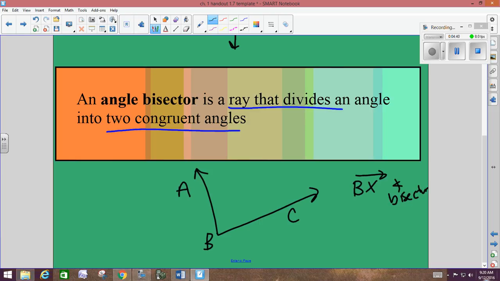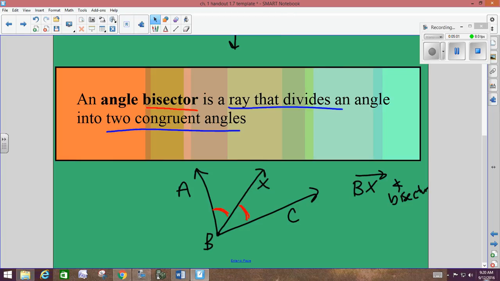So ray BX starts at B, goes towards X. If BX is the bisector of angle ABC, what would I know about angle ABX and XBC? They're equal, they're congruent. An angle bisector will always give you two congruent angles, so we want to mark them congruent.